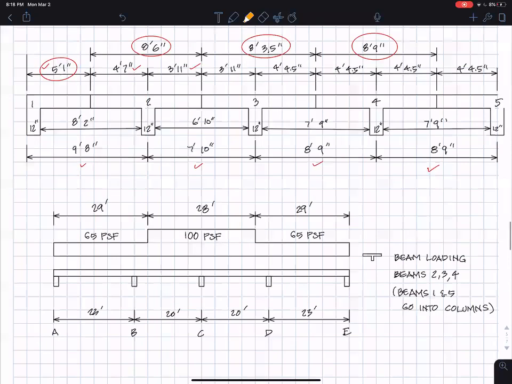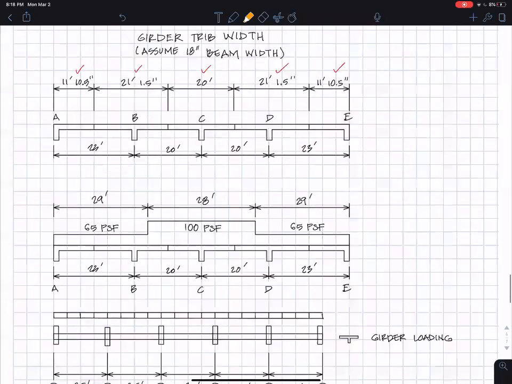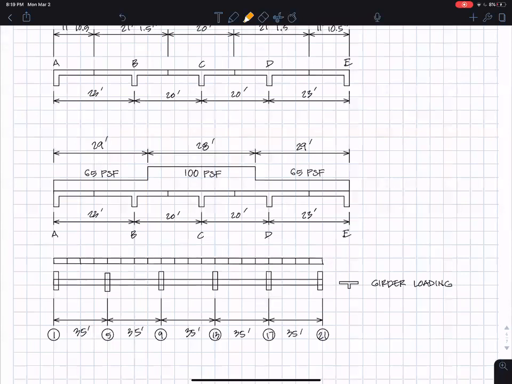I've overlaid that load on the girders, and you can see girder C is completely loaded with 100 PSF. Girders A and E on the outside, those spandrels, they're covered with 65. And girders B and D, right here, they have a combination of some 100 and some 65.